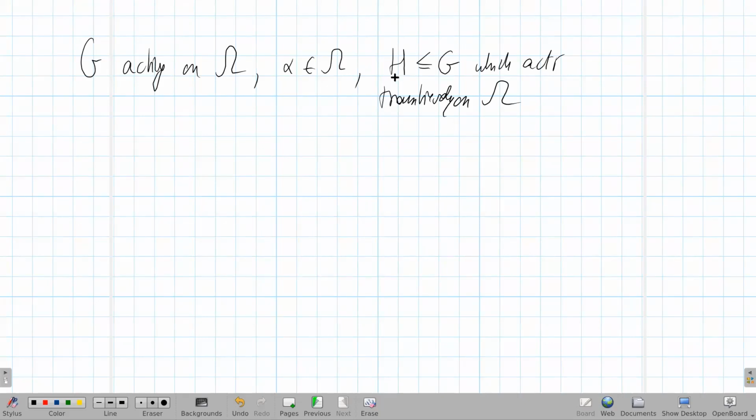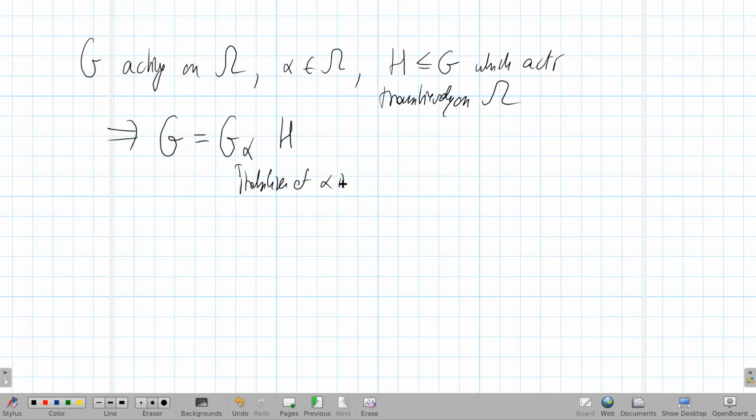So of course, if H, a subgroup of G, acts transitively, just one orbit, then also G acts transitively because the elements of H are enough. And then this result, which sometimes goes under the name of Frattini argument, tells you that G is the product of two subgroups, G alpha, the stabilizer, times H. Okay, this stabilizer of alpha in G.